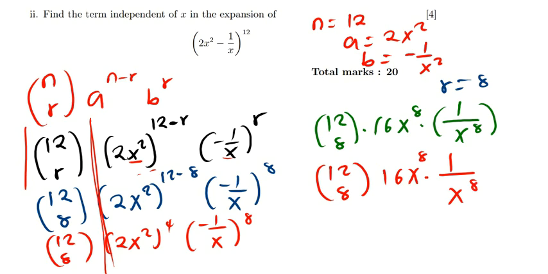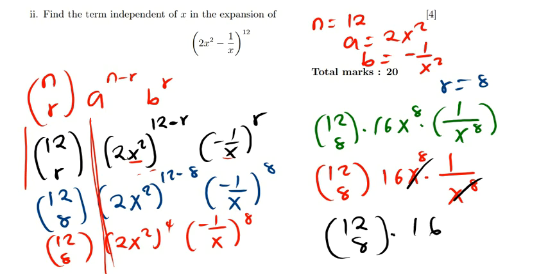Now we can clearly see that x to the power 8 and x to the power 8 can cancel. The moment you see that x is gone, that is a term independent of x. Now I have 12 choose 8 times 16.